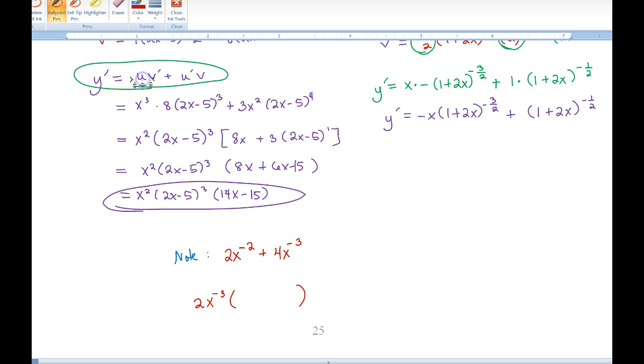Well, remember, taking out 2x to the negative 3 is as if you're dividing both terms by that. So the 2's cancel. Negative 2 minus negative 3 would be x to the first. And here the x to the negative 3's would cancel, and I just get x plus 2. So you'd get 2 times x plus 2, and then the x to the third would go in the bottom because you would have a negative exponent.